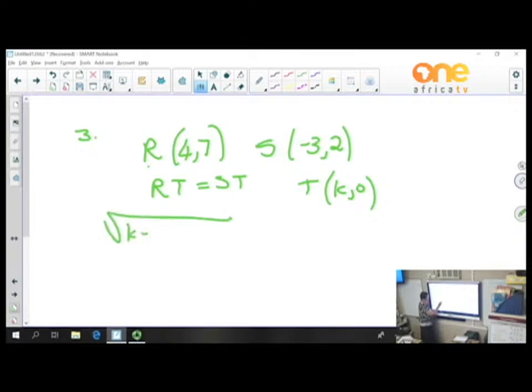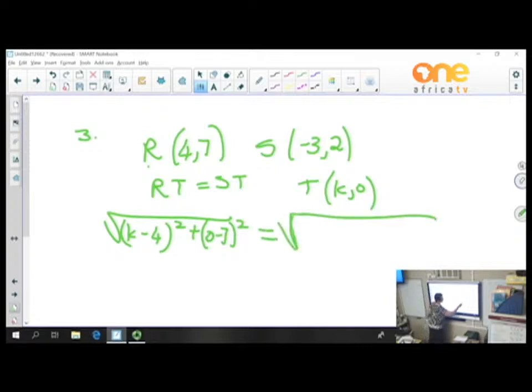k minus 4 squared plus 0 minus 7 squared is equal to, and then S and T is then the square root of k minus negative 3 squared plus 0 minus 2 squared.